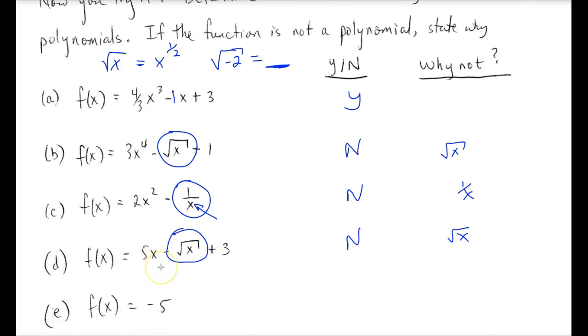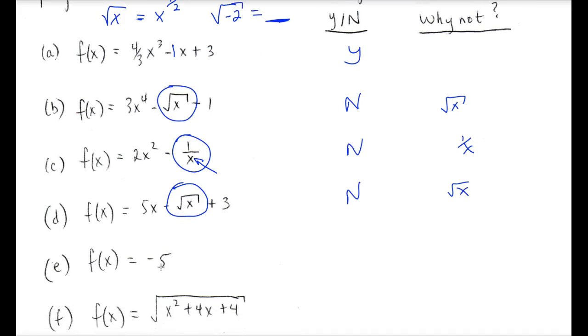So scrolling down, we see we have f of x is equal to -5. And so this actually ends up being a polynomial because if you remember, polynomials can be just a single number. So for instance, I can write this as -5 times x raised to the 0.